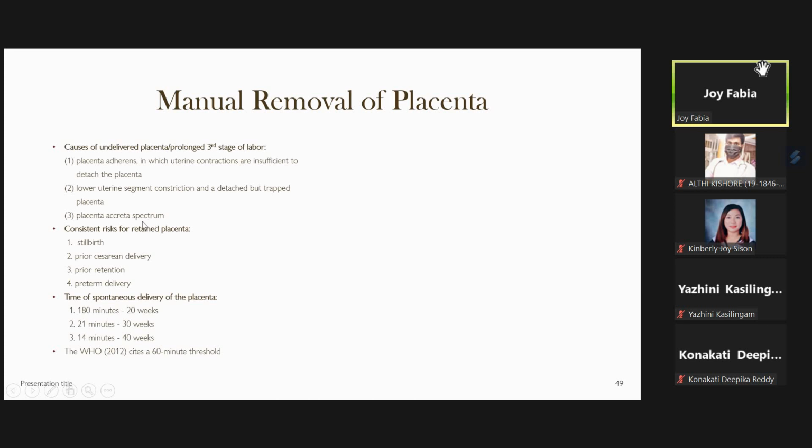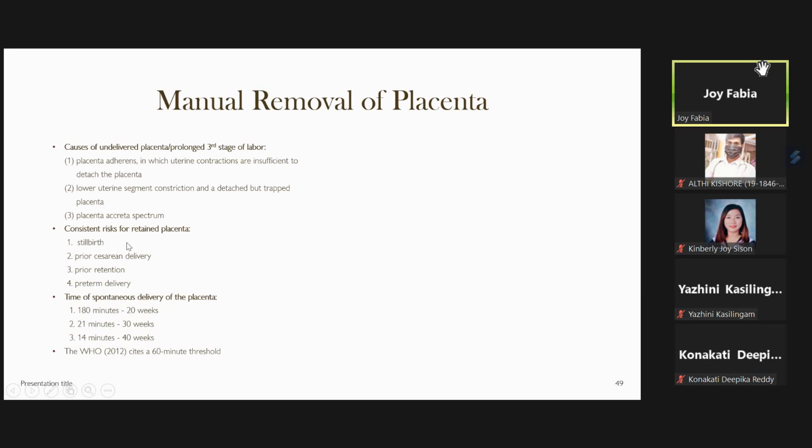And then, cases of placenta accreta spectrum. Yan yung kasama actually yung adherent placenta, placenta accreta, and the placenta percreta. Ito yung mga abnormalities. So, ito yung mga reasons why nagkakaroon ng cases of prolonged third stage of labor or undelivered placenta.